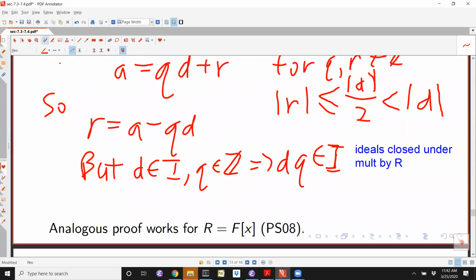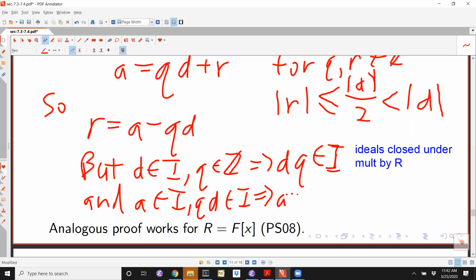And also a is in I, and now we see that qd is in I, which means that a minus qd, which equals r, is in I.